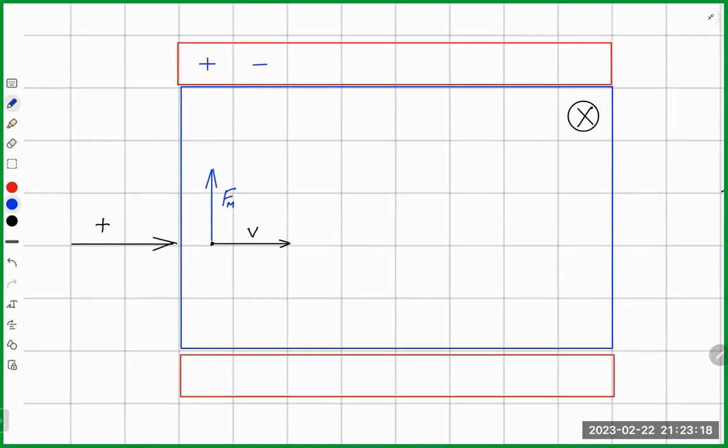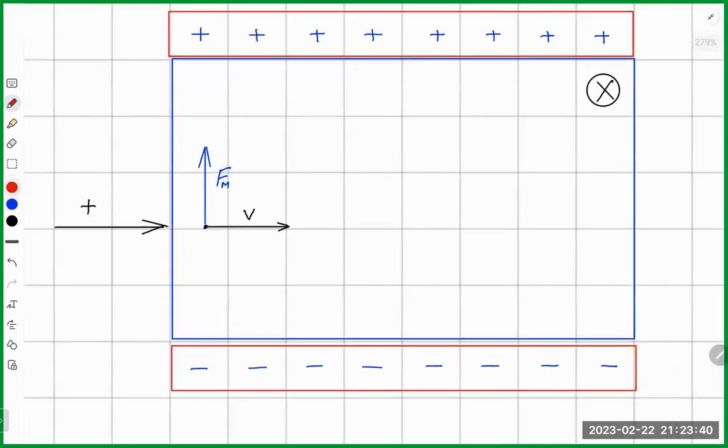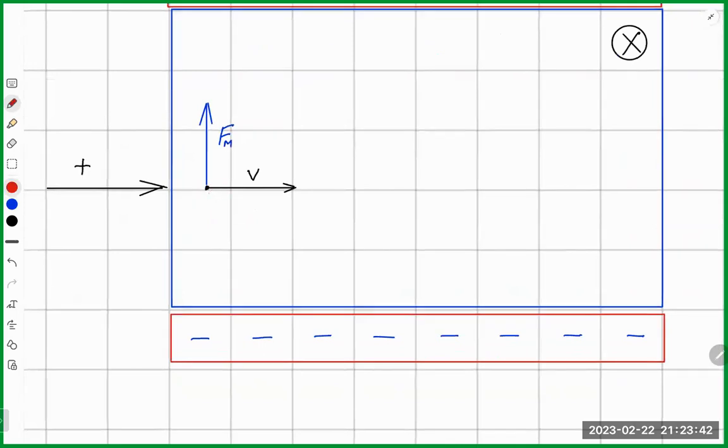So there should be a positive plate on the top and a negative plate at the bottom. So what will happen? This will produce an overall downward electric field, and electric field always exerts a force on a positive charge along its own direction.